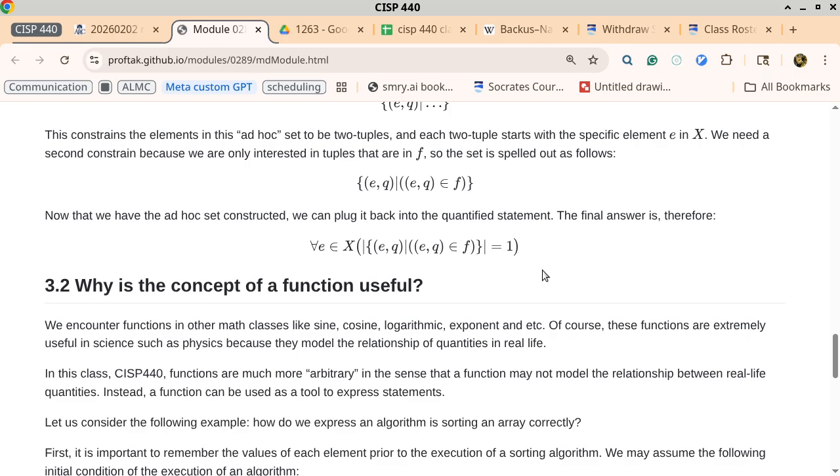That's one way I can specify. But what if somebody told me, I don't know what you mean by sort. Can you define what a sorted array looks like in mathematical terms? So how would I qualify the action of sorting?